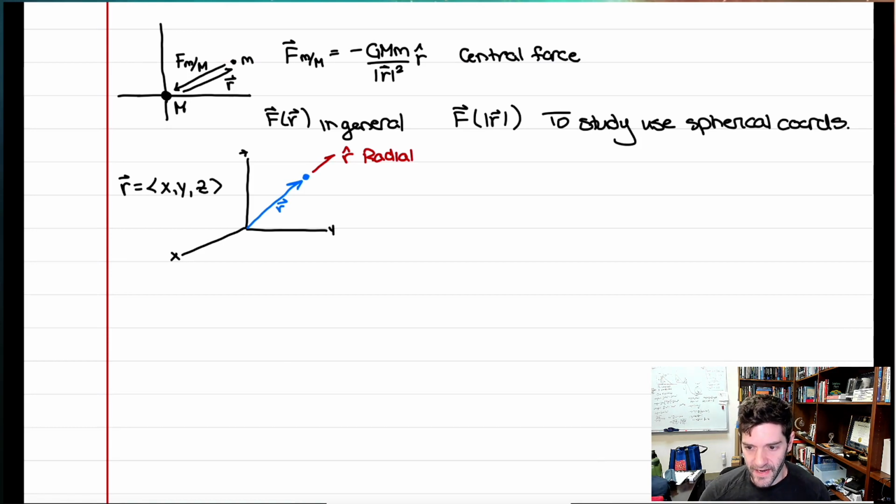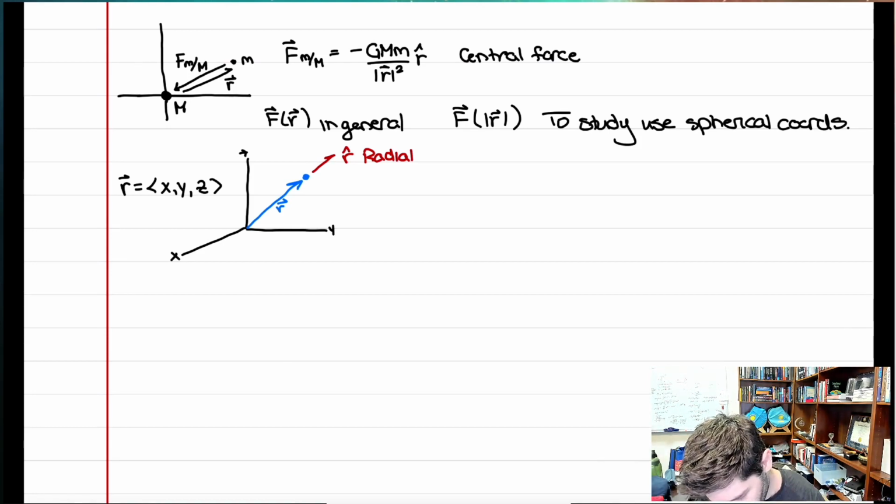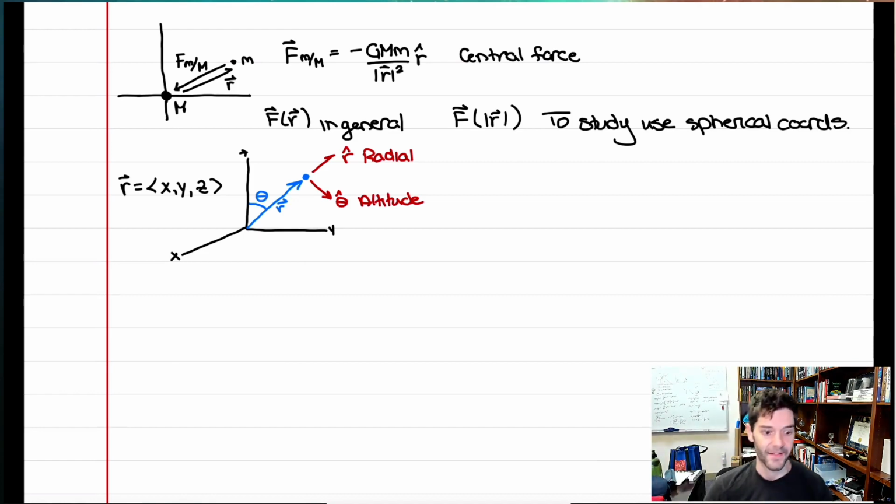So one of the axes is going to be the altitude angle. It's going to be pointing in this direction, and it's going to be defined by the direction theta, which is the altitude angle. That's going to correspond to the angle that this vector makes with the z-axis.